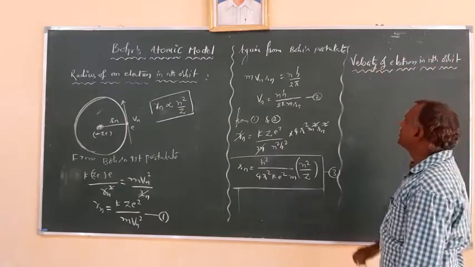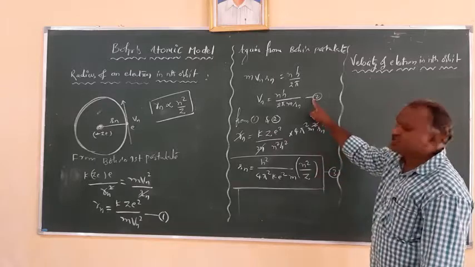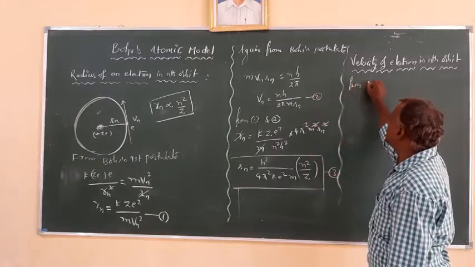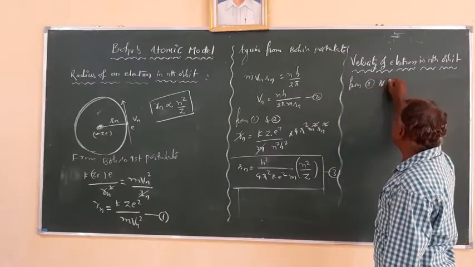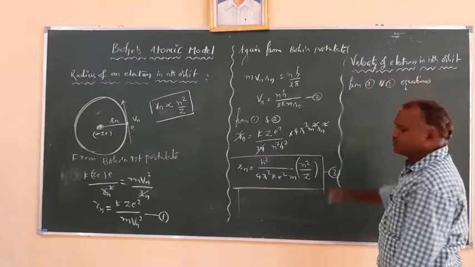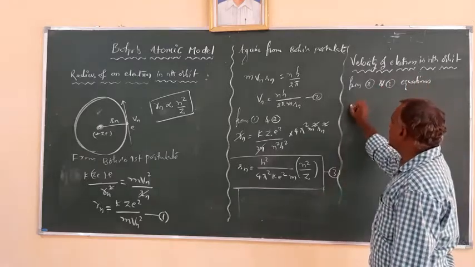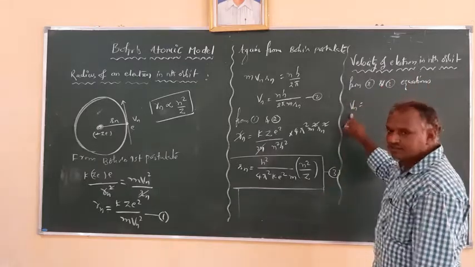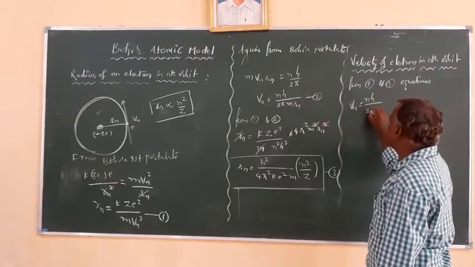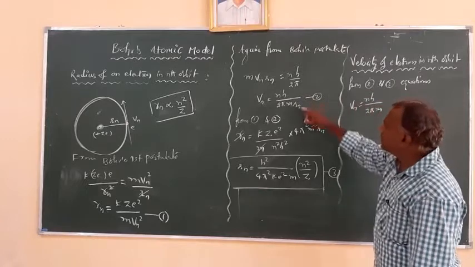That is given by substituting the third equation in the second. From equations 2 and 3 you can write Vn, velocity of electron in nth orbit, is equal to nh upon 2 pi m into 1 by Rn.